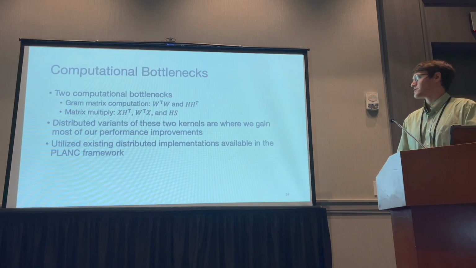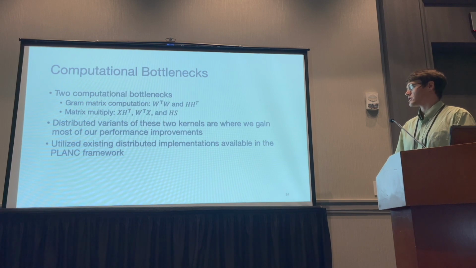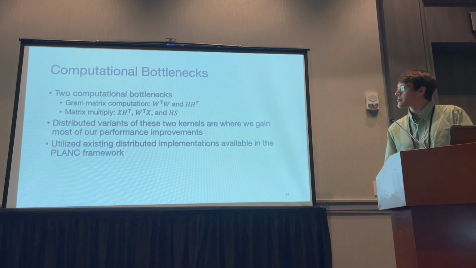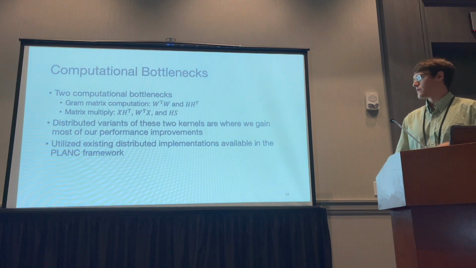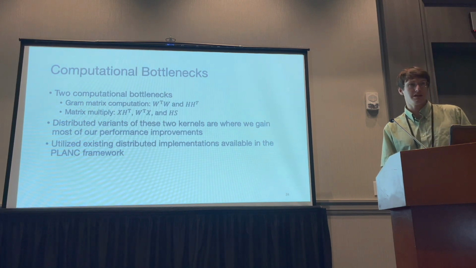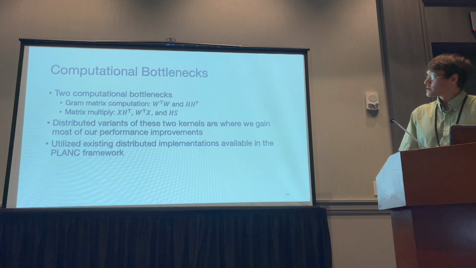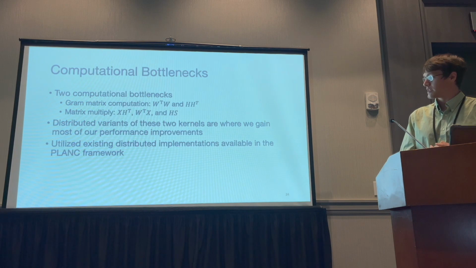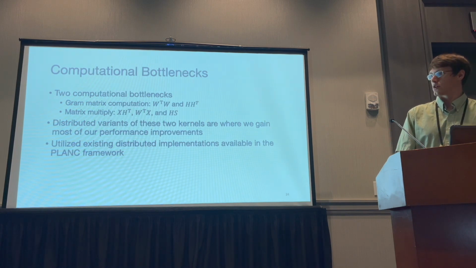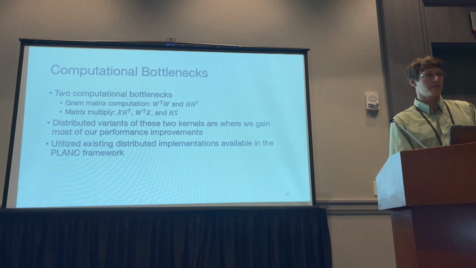In this case, it takes the form of W transpose W, or H times H transpose, as well as matrix multiply, which takes the form of X times H, W times H, and H times S. Optimized variants of these kernels are where we gain most of our performance improvements, and these specific kernels are already implemented within the PLANC framework. So we leverage these kernels to facilitate our three distributed algorithms.